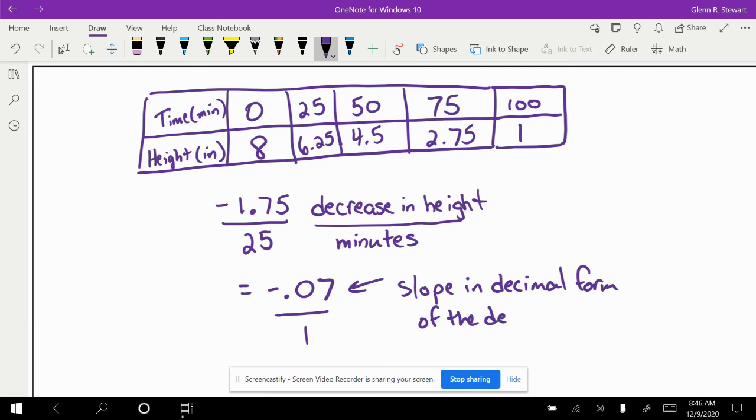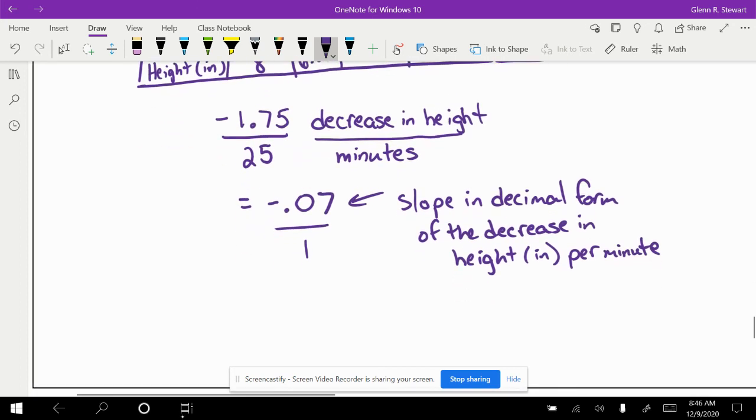Of the decrease in height in inches per minute. And if you didn't want it in decimal form, you could also have it as negative 7 over 100.